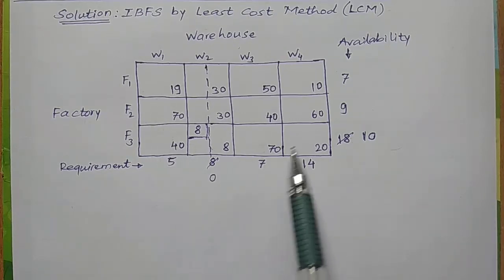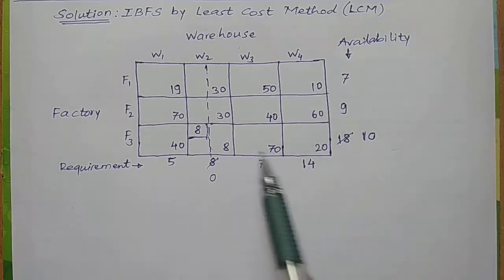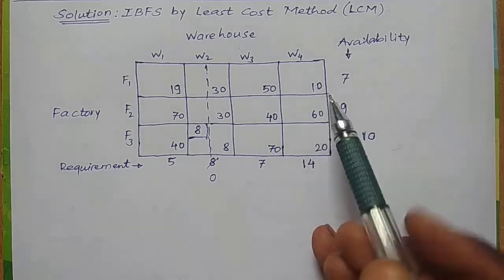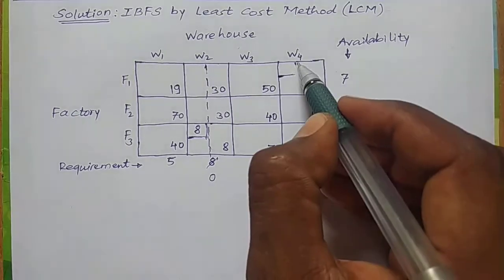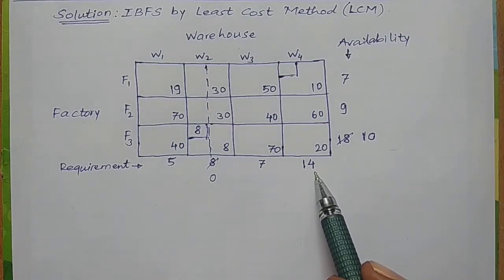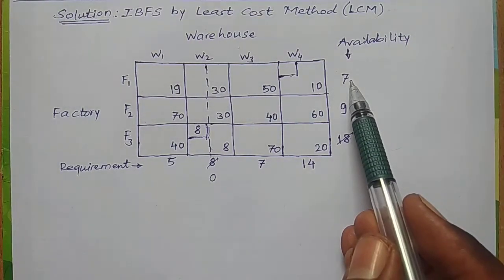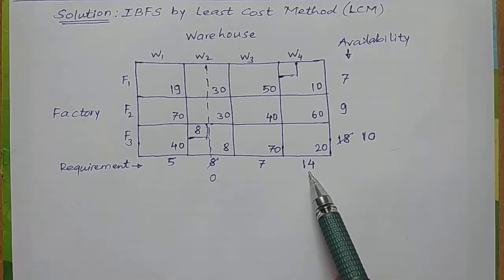Now in the remaining cells, again observe, where is the minimum cost? The minimum cost is 10. So at this place let us allocate some quantity. How much quantity can we allocate? Look at the availability. Availability here is 7 and requirement is 14.